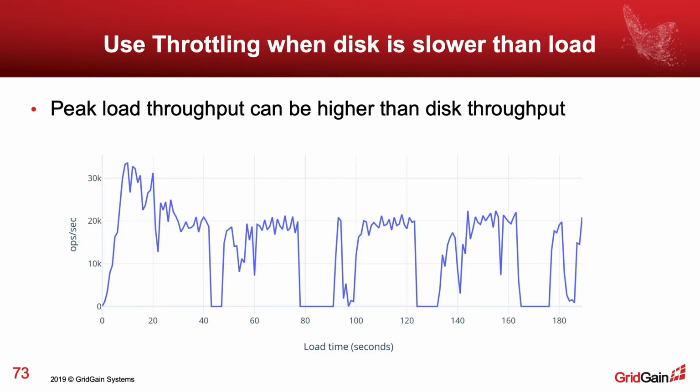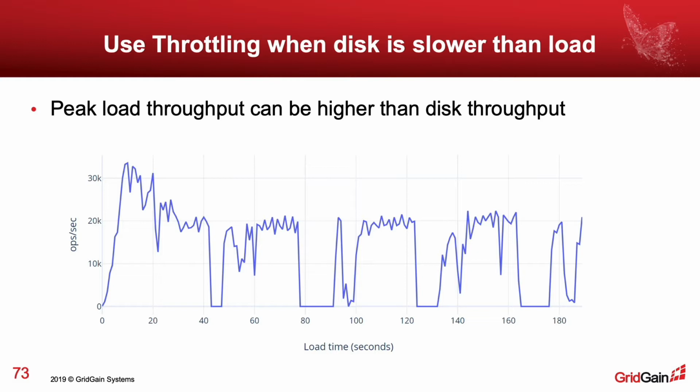In such a case, you can't continue working, you can't update any more pages because the threshold is already reached and the checkpoint is not finished yet. So your disk throughput became a bottleneck.